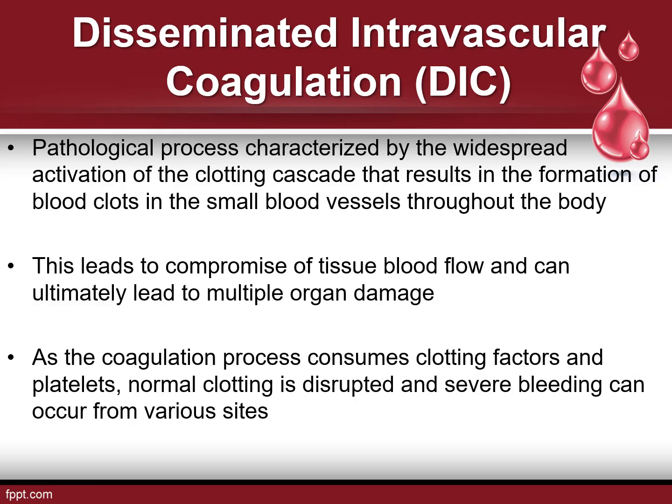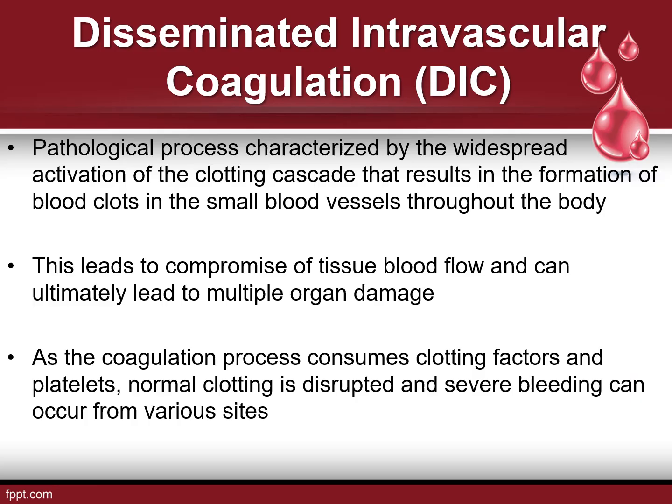Disseminated intravascular coagulation, or DIC, is a rare but serious condition that causes abnormal blood clotting throughout the body's blood vessels. We might develop DIC if we have an infection or injury that affects the body's normal blood clotting process.